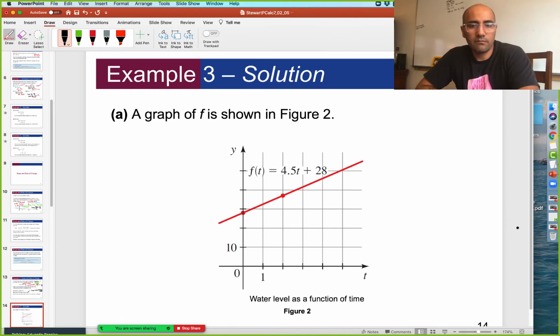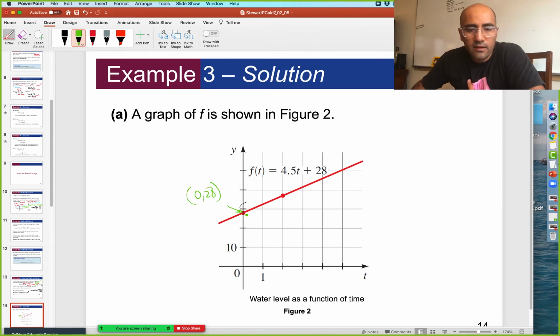Right, so here's a better graph of it. This is similar to what I did, only a little bit better, which means that this point right here is the point (0, 28), so right below the 30. So this is (0, 28).